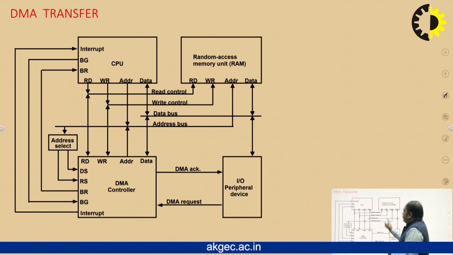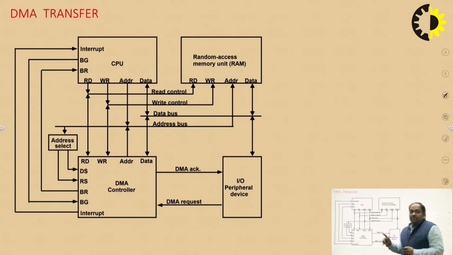The address bus is connected to the CPU and the memory unit, and all those controlling functions are done by the CPU and the memory. So read control and write control, and when an interrupt arises, it will tell the CPU. The interrupt does not communicate directly with the memory. So in this way, DMA sends the request, and when that request is granted, it acknowledges to the input output peripheral device.